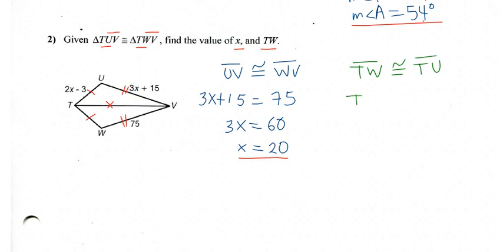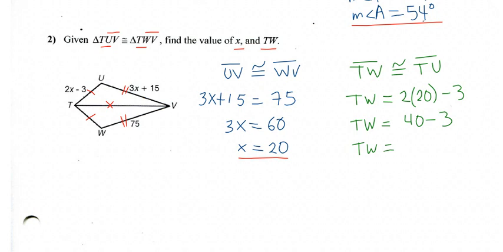Therefore, TW would be equal to 2 times the value of x, which in this case is 20, minus 3. So TW would be 40 minus 3, which is equal to 37. And this would be units. We don't know what the units are, whether centimeters or meters or inches, but this is not degrees because this is not an angle, this is a segment. So the length of TW is 37 units.